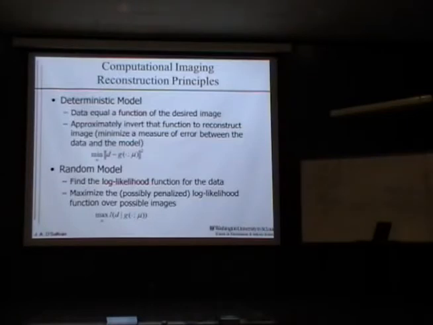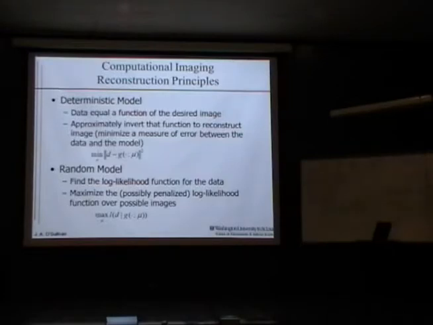This is, again, a summary of what I just said, the deterministic and the random model, put with the mathematical formulation here. The difference is that in the deterministic model, you consider the measurement to be a function of your desired image. So we've heard earlier about convolution of a point spread function with the object. If my model is that, then that's a deterministic model.